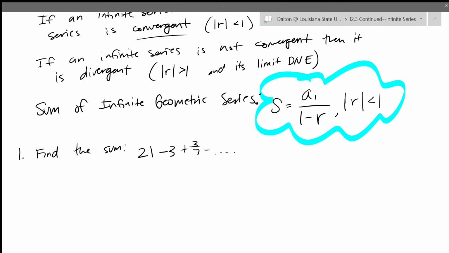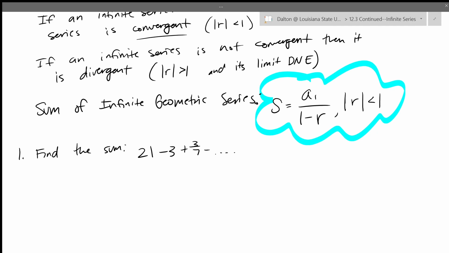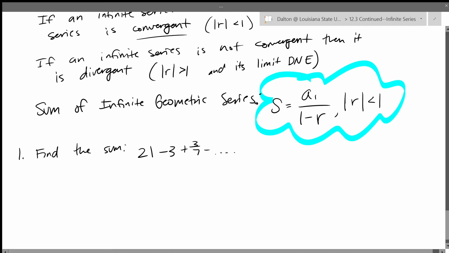Okay, so the first thing we need to do is figure out if we can find the sum, which is going to be based on R. So we know A sub 1 is the first term. The only other thing you have to find is R, which is your common ratio.